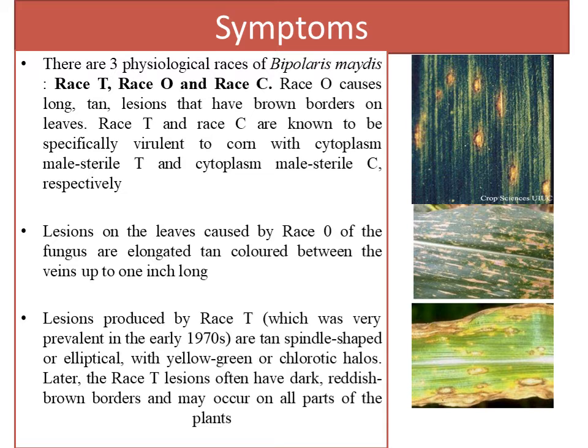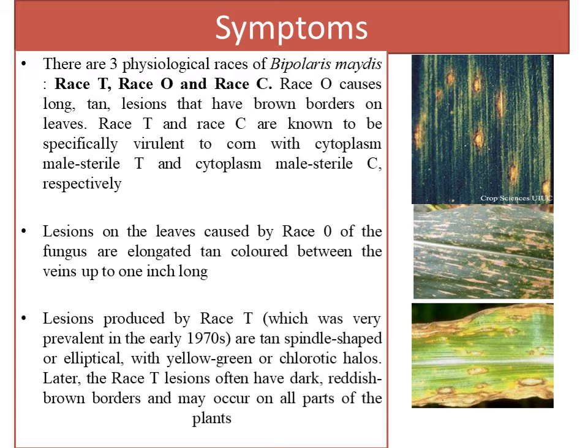Race O causes long tan lesions that have brown borders on leaves. Race T and C are known to be specifically virulent to corn with cytoplasm of male sterile T and male sterile C respectively.